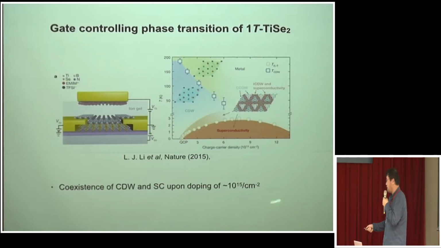This goes up to 10 to the 15 per square centimeter. It's extremely high. As far as I understand, if you do the back-gate technique using normal silicon dioxide, you never approach this. So this is a new experimental technique.